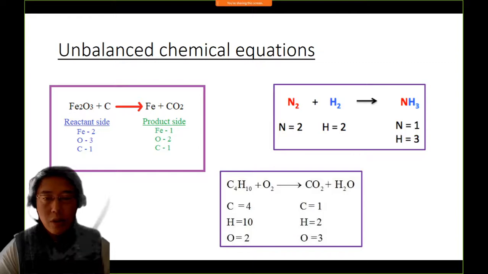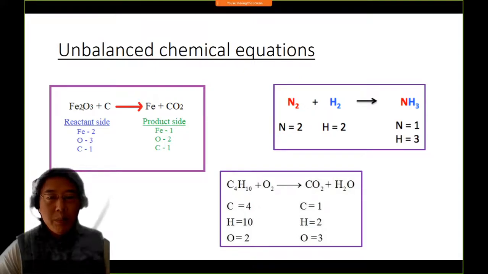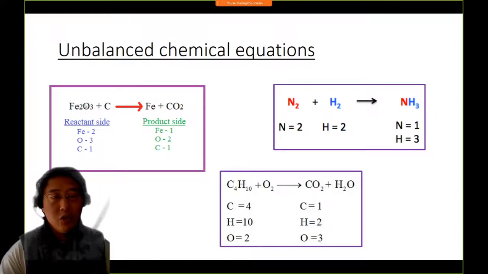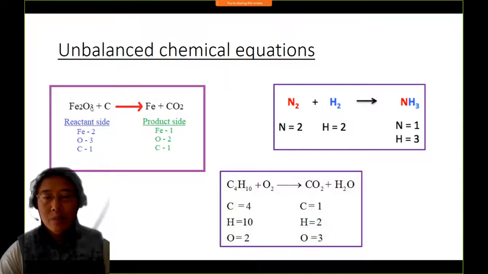If you use your periodic table, you will know that Fe is iron and O is oxygen, but for today's work, you don't really need to know that. It's good for you to know in general, but for today's task, you don't really need it. So I'm just going to remind you that Fe is iron. So you have two iron and three oxygen. That's a molecule. And the C on its own is a carbon. It's an atom, but it's also a molecule because it's on its own.